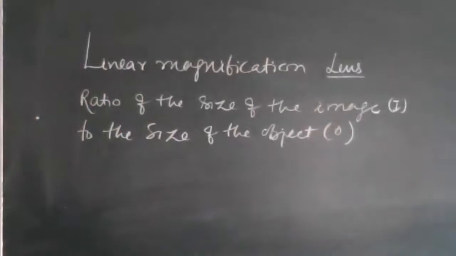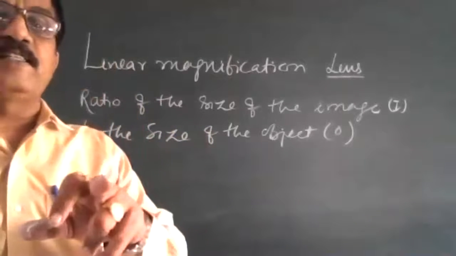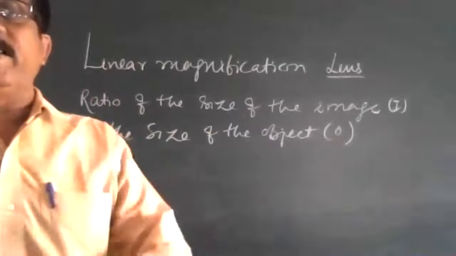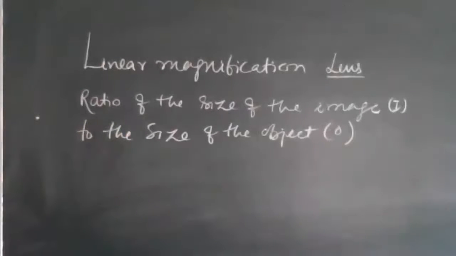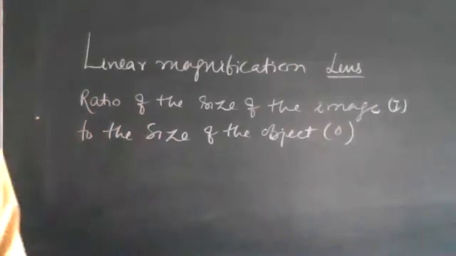Write down this definition here. The linear magnification produced by the lens is the ratio of the size of the image I as formed by refraction through the lens to the size of the object.